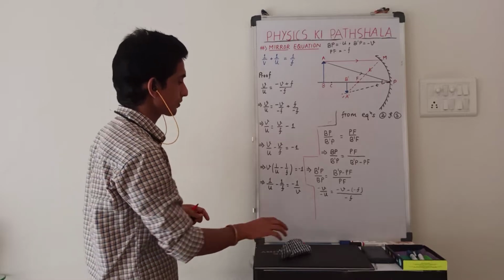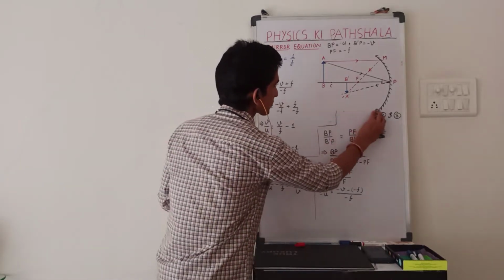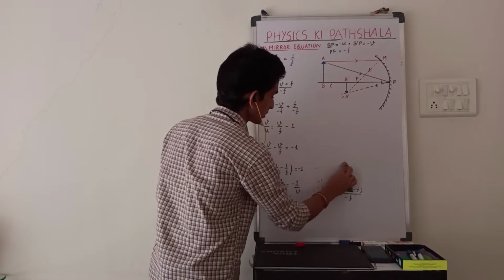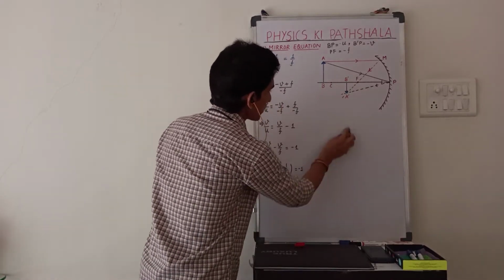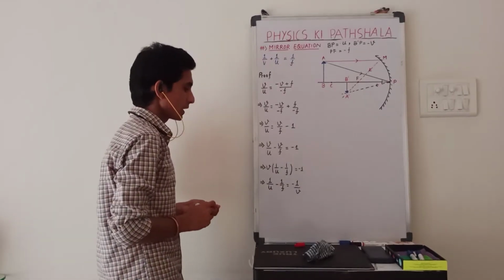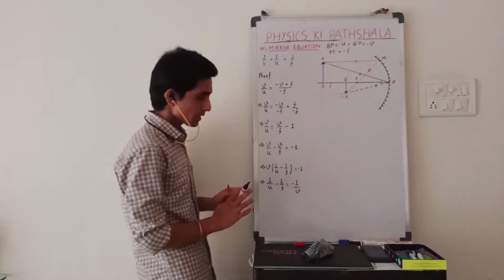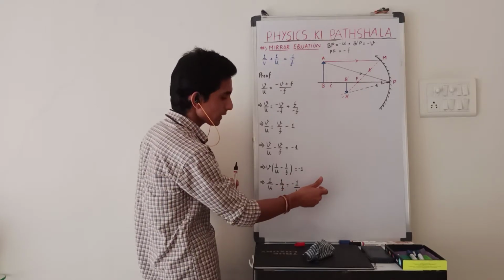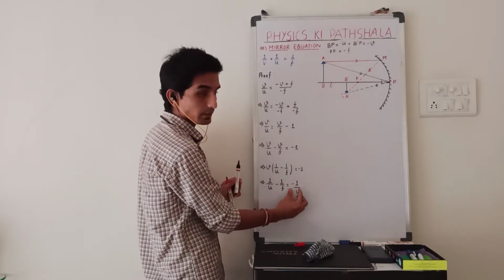Now it's just a matter of arranging the terms, and once we are done with arranging the terms, we will be ready with the answer. So what I am doing is I take the second term of the left hand side on the right and the term from the right hand side to the left.